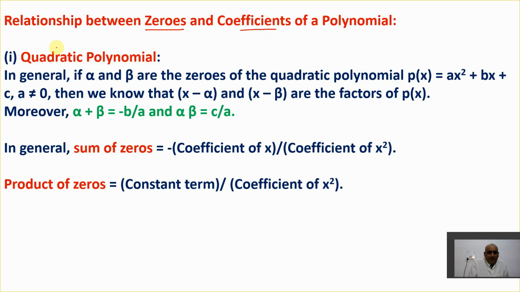First of all, we are looking at it for a quadratic polynomial. A quadratic polynomial means a polynomial whose highest degree is 2. We have gone through that. Degree 1 is called a linear polynomial, 2 means a quadratic polynomial.